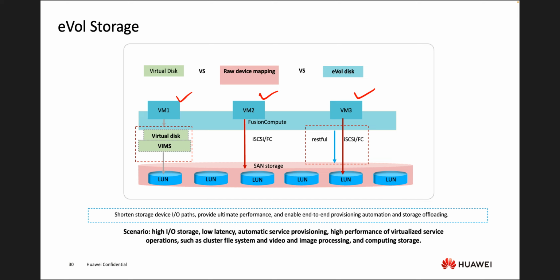And then you have eVolume, which is the eVolume disk here, which originally is an advanced SAN storage, but it also uses a storage array. But remember, eVolume uses physical disk resources. So it has this iSCSI or Fibre Channel kind of connection, and it doesn't use VIMs for storage.